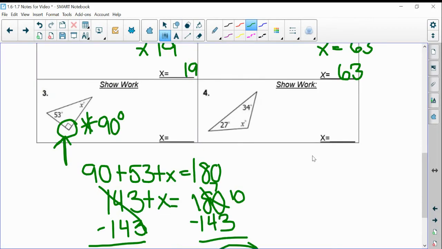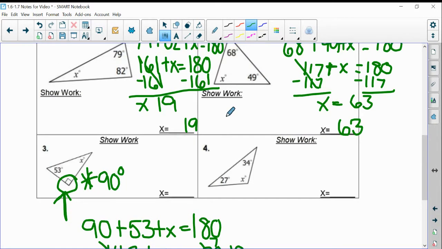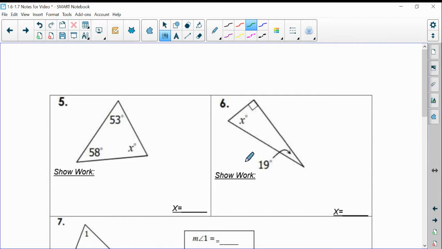All right. Now I want you to pause this and do 4 if you're following along. If you're doing it on your paper, go ahead, pause it, do 4, 5, and 6. But if you don't have this printed, go ahead, pause it, do 4. All right, and then my people who are following along, because you don't have it printed, pause it again and do 5 and 6, and then I'll go over all 3 of these.